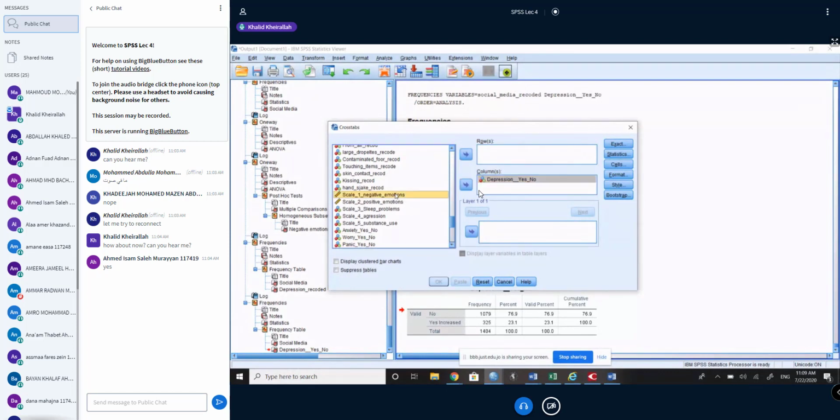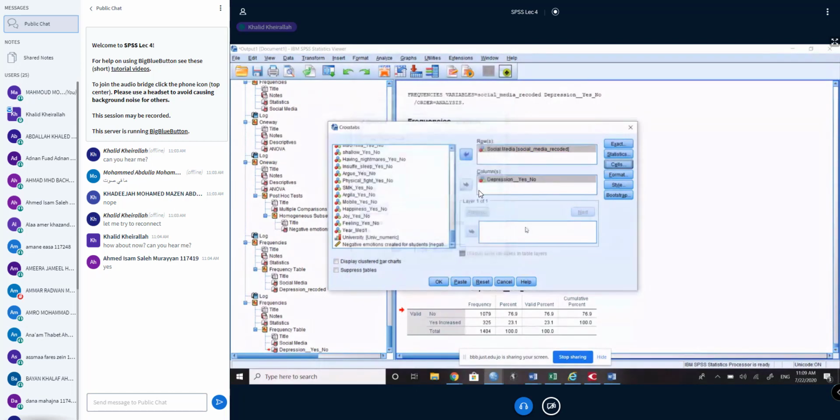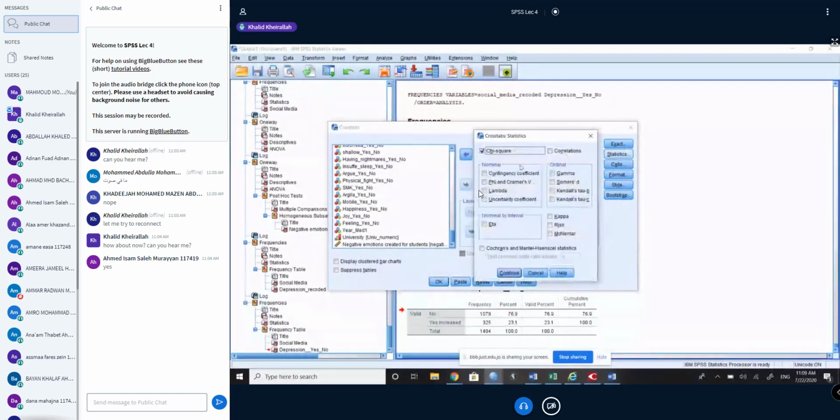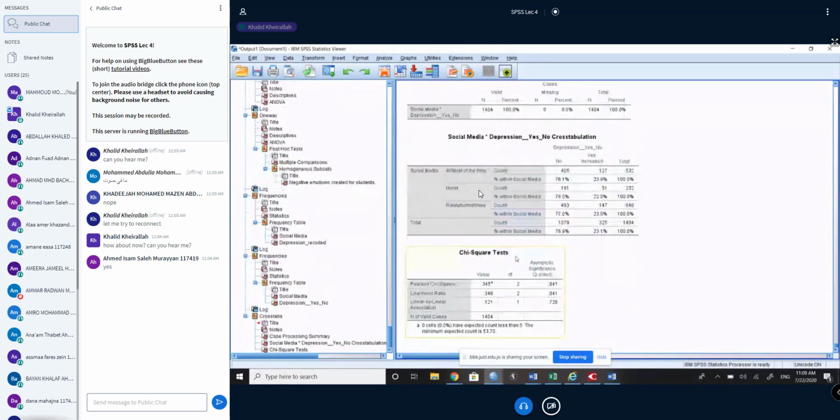I want to assess the social media effect, which is going to be the last variable. حكينا بدنا ال percentages by rows، بدنا statistics chi-square. Okay. So there is no significant relationship between depression and social media utilization.